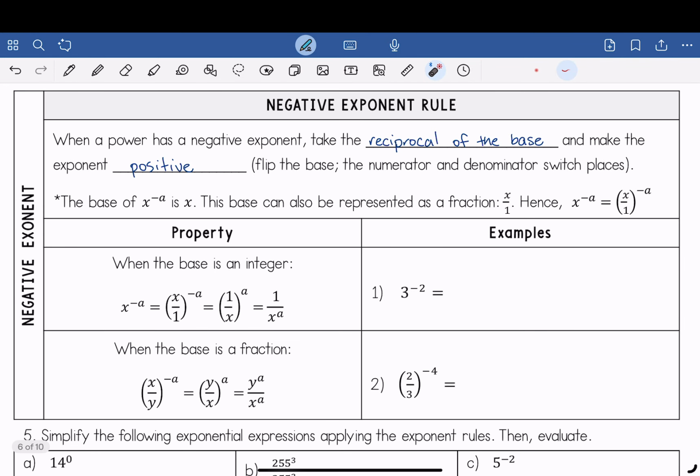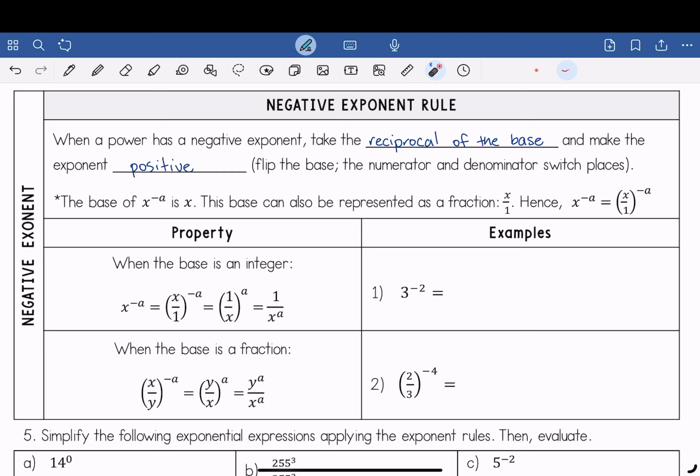Negative exponent rule states that when a power has a negative exponent, take the reciprocal of the base and make the exponent positive, which means flip the base. The numerator and the denominator switch places. If you have a base that is, for example, x to the power of negative a, the base x can also be represented as a fraction, which is x over 1.